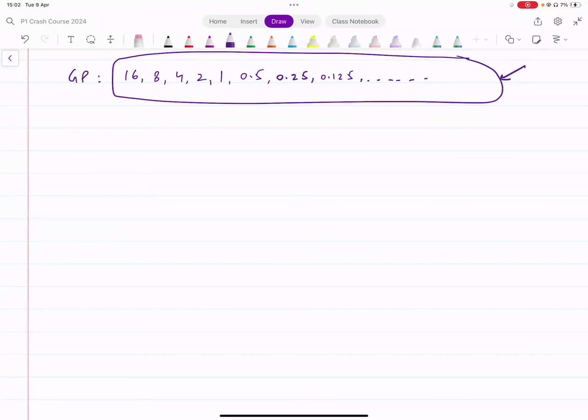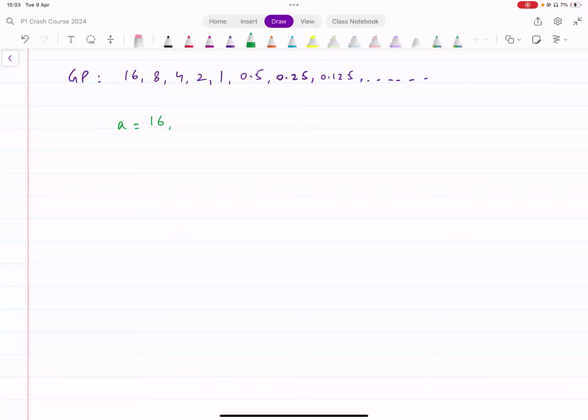Let's say you've got this geometric progression. Can we write down the first term of this GP? The first term of this GP is 16. The ratio of this GP, 8 over 16, that's 0.5. So we know the first term, we know the ratio. Now think about this. Let's find the sum of the first 4 terms, for instance.